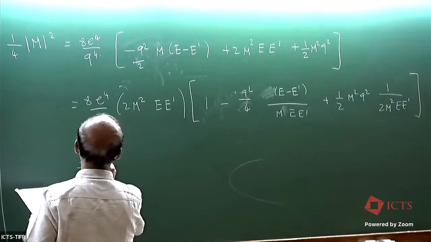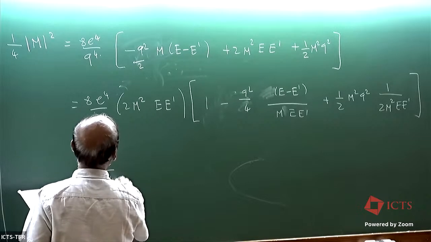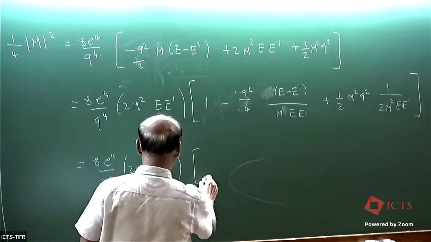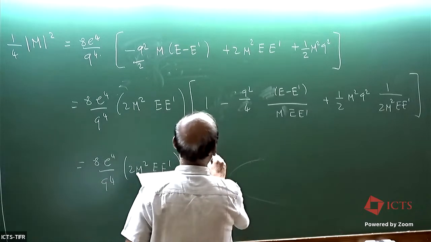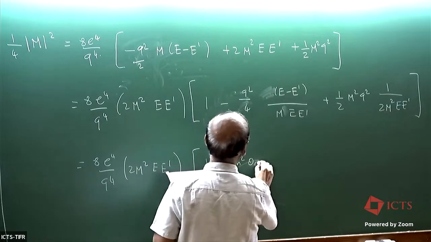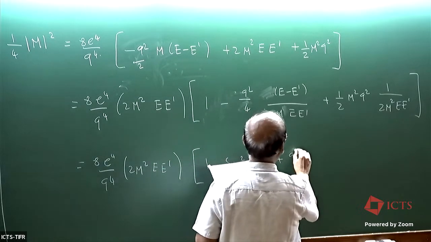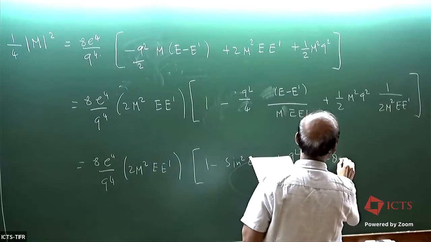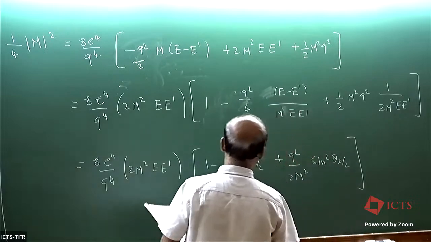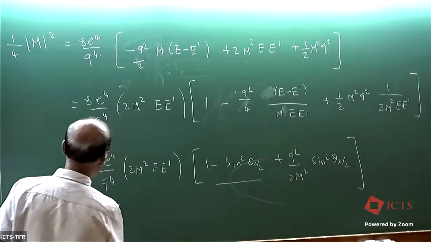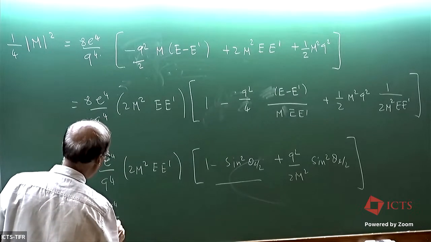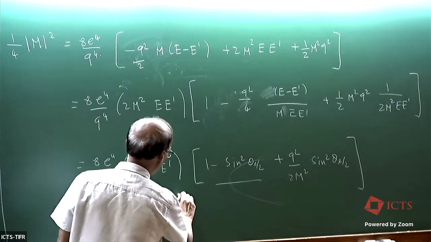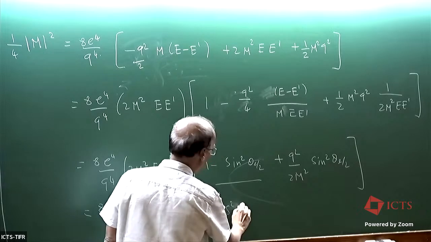So 8 into E power 4, q power 4, this becomes 1 minus sine square theta L by 2 plus q square by 2m square into sine square theta L by 2. So this is simply cos square. So it takes a very good looking form, like cos square theta L by 2.